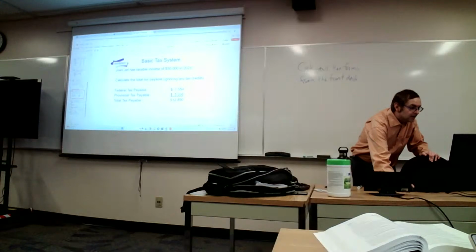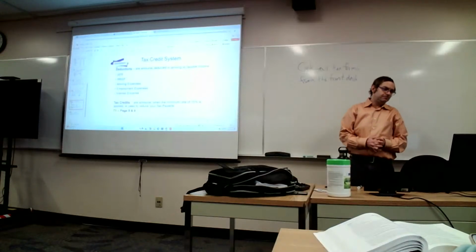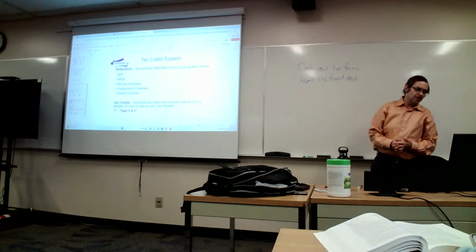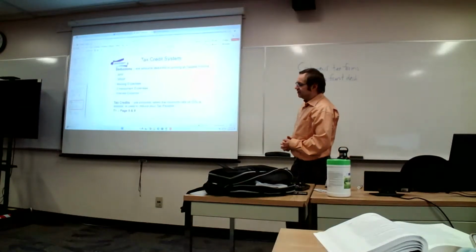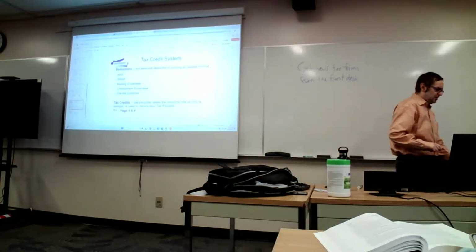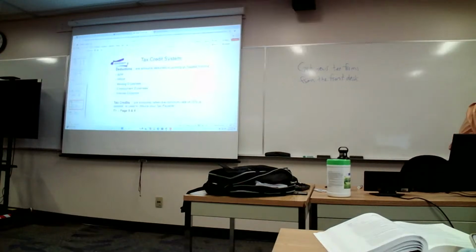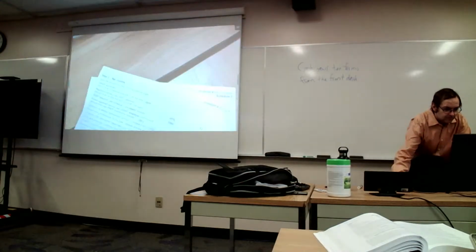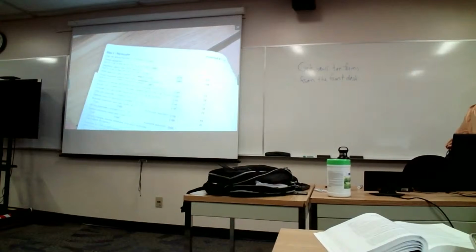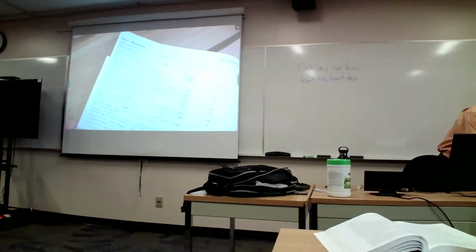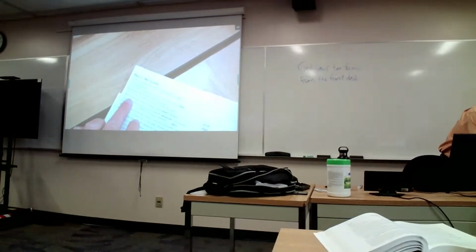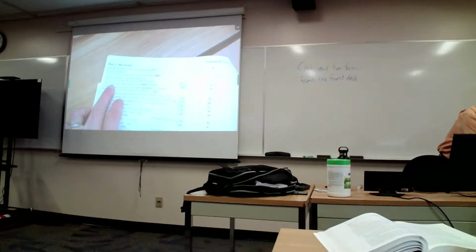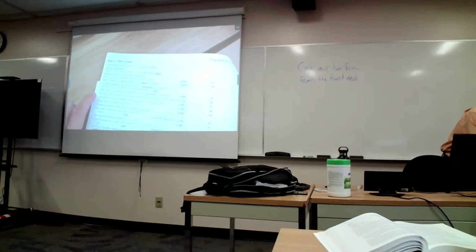Okay, so the tax credit system. The common deductions that we see. Let's go to page 4 for a second. We're going to get more into these when we get to tax 604, but common deductions would be like our RSPs, registered pension plans, annual union professional dues.